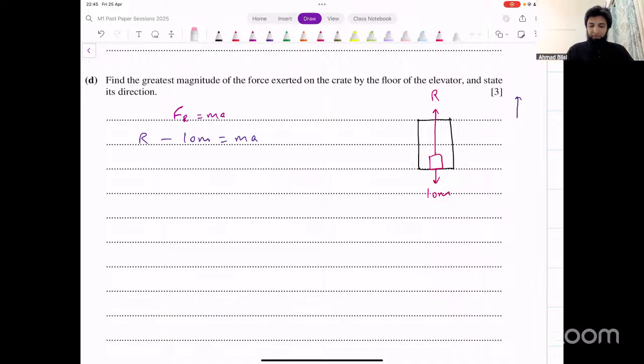So when the lift is accelerating in the upwards direction, R is going to be bigger than 10m. When the lift is traveling at constant velocity, acceleration is 0. In that case, R would be equal to 10m, in the middle 25 seconds.